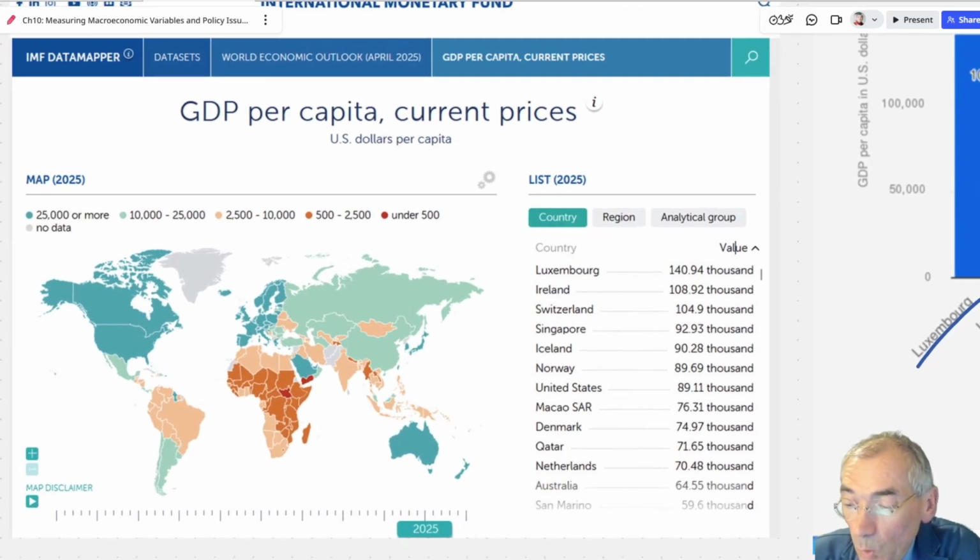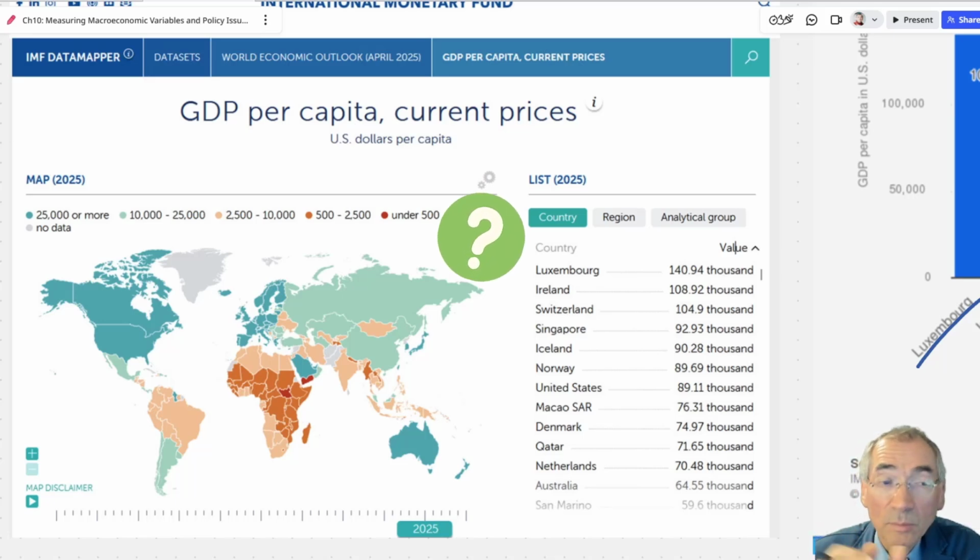And when you look at the whole world and you get a picture like this, what at the end does this number of GDP per capita tell us, which is definitely better than GDP without taking into account how many people live there? The next question mark, the next thing to be discussed in class.